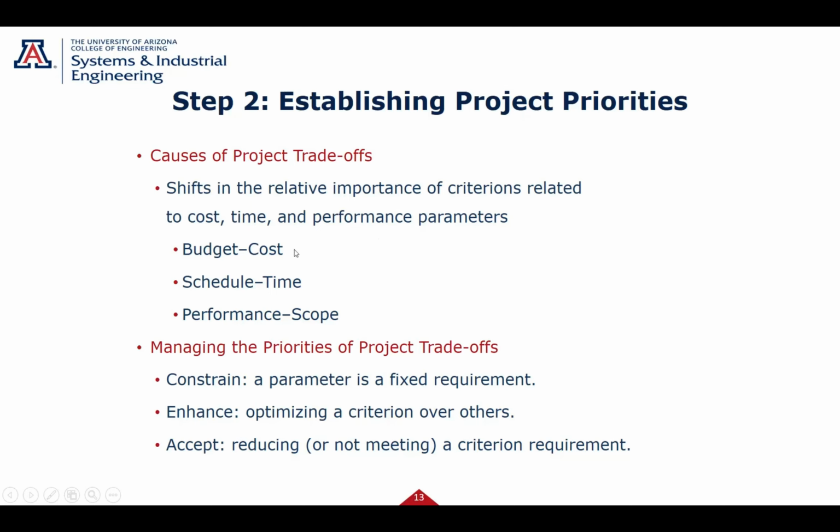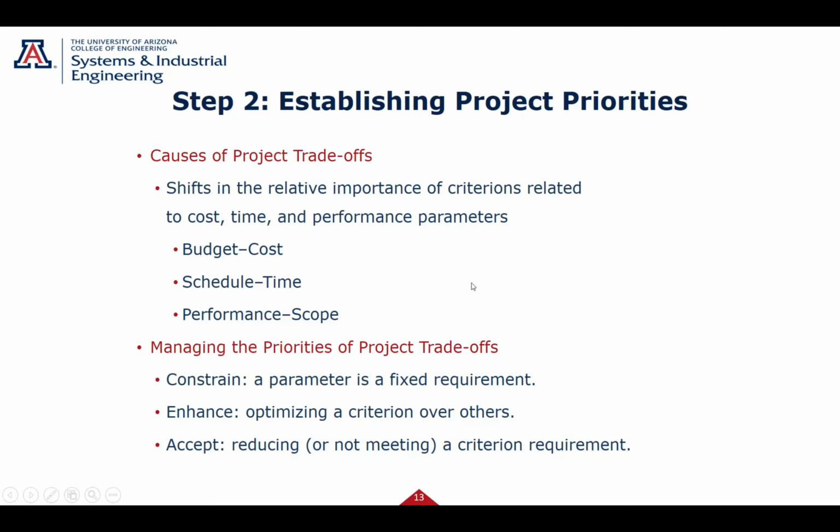Is it cost? Is it time? Is it scope? They really want this thing to do exactly what you're saying. They're a little flexible on scope, or they may be a little flexible on cost. Maybe not. Maybe, look, cost and schedule are the most important thing. So you really have to understand the constraints.